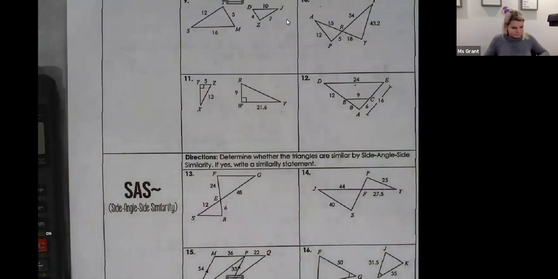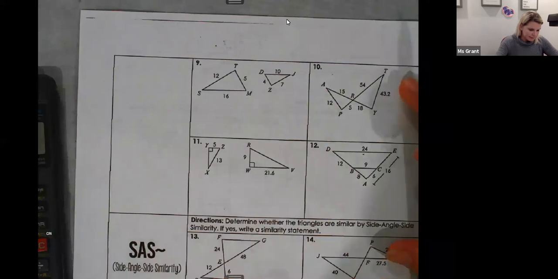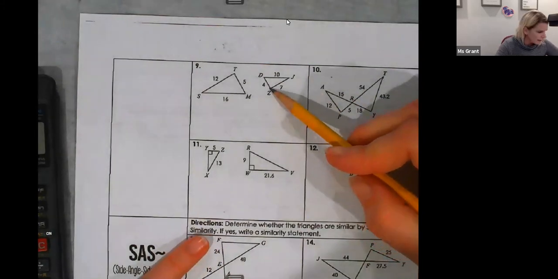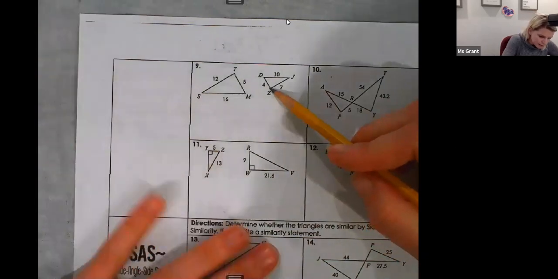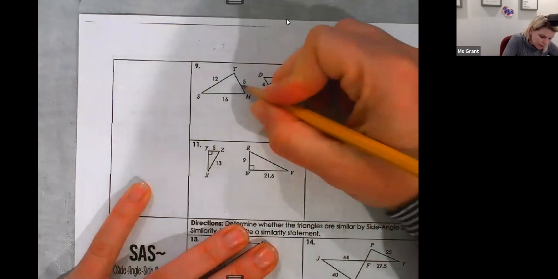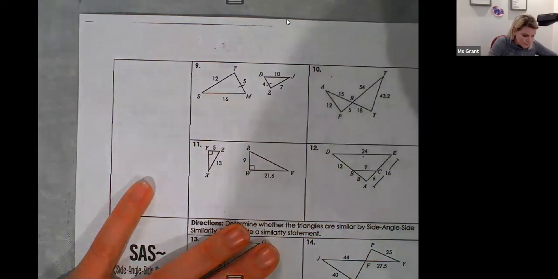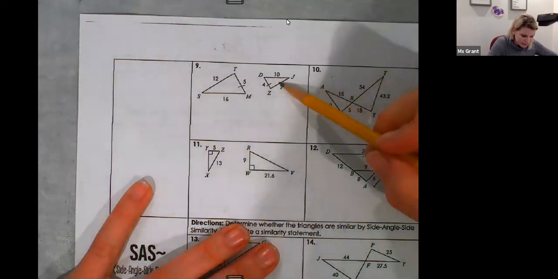All right. Same thing. The smallest side on one triangle is going to hopefully be similar. We don't know if they're similar yet. That remains to be seen. The middle size, 7, is going to go with 12.